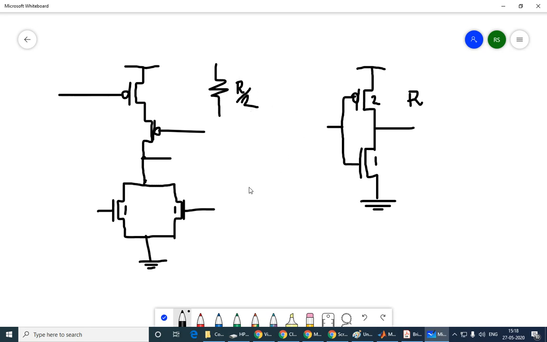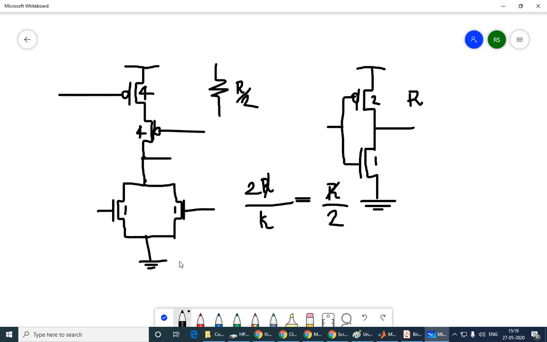For that, PMOS transistor resistance is equal to 2R divided by K. This is the resistance of the PMOS transistor, and this should be equal to R by 2. That is my requirement. Now it becomes very simple. Cancel off the R. Cross multiply and I will get K should be equal to 4, and the same thing here also.